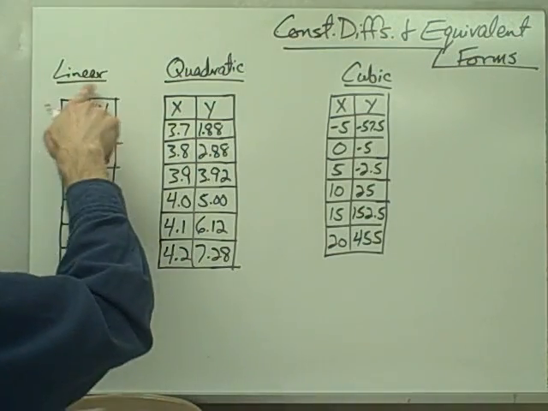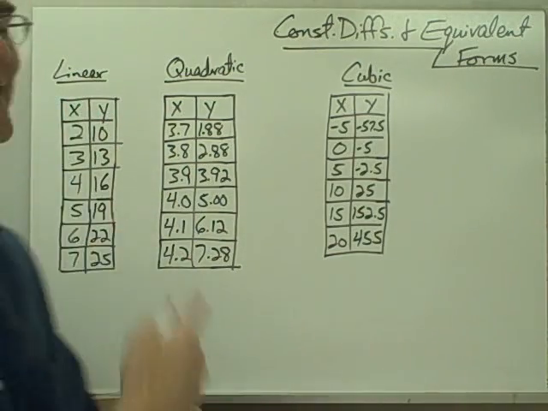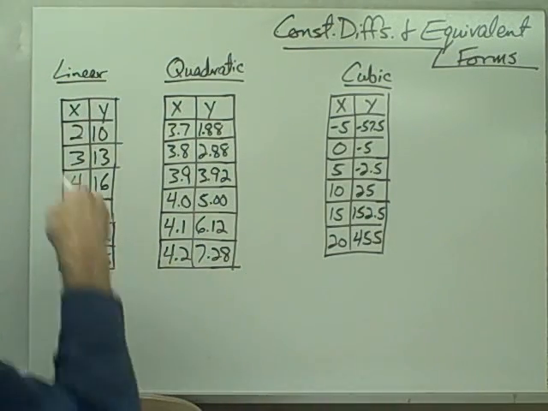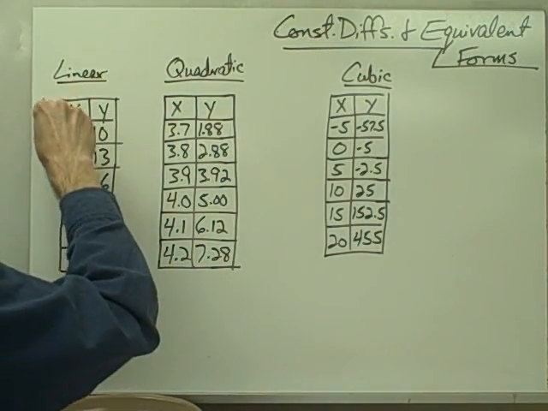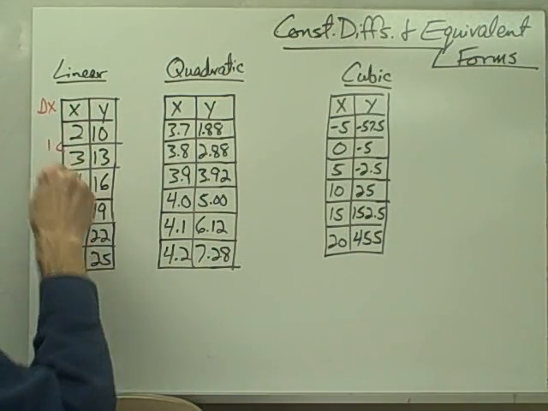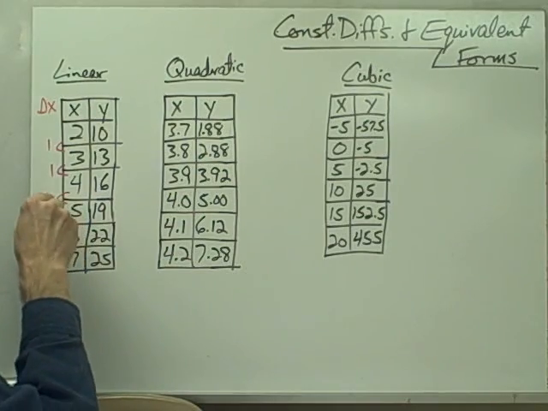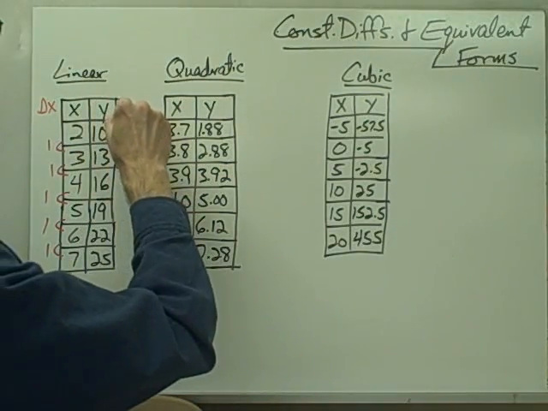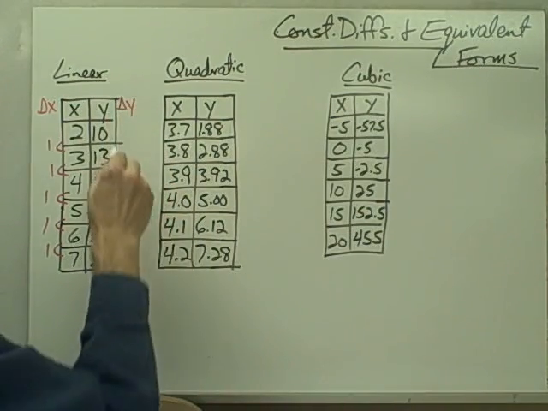Now, remember before, if we were given a table of data and we were trying to determine if it represented a linear function, we would first calculate all of our delta x values. So in this case, 3 minus 2 is 1, 4 minus 3 is 1, that's 1, that's 1, and that's 1. And then we calculate all our delta y values.